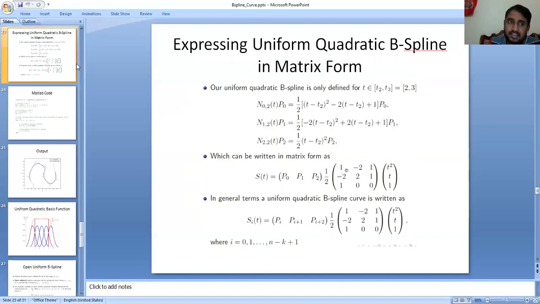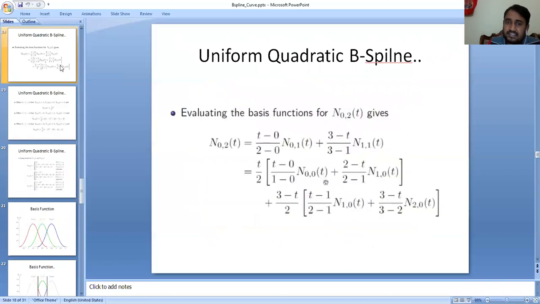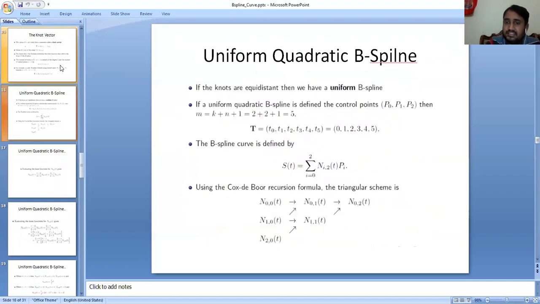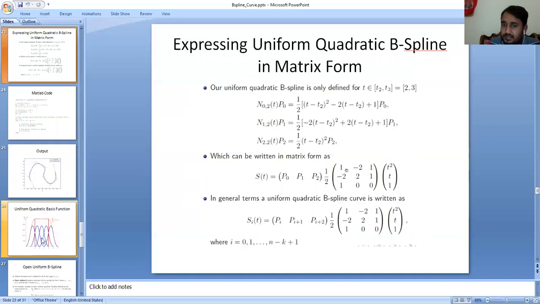Because as I have told you, S(t) is the summation of all the functions, N(i,2). We have written that here. So when we expand this and add all these things, we get this equation.